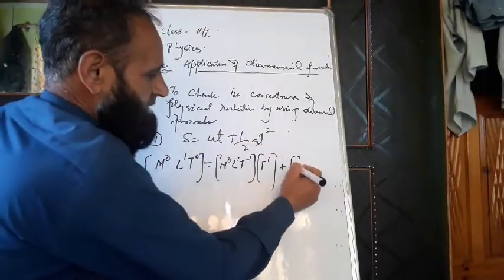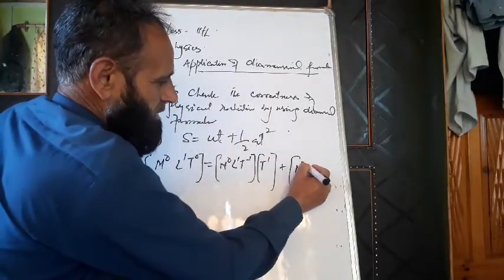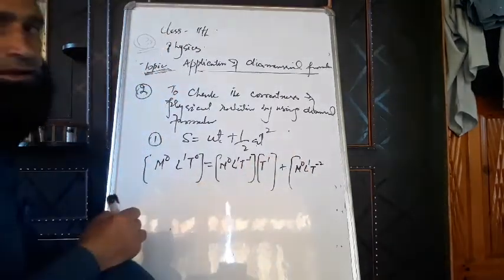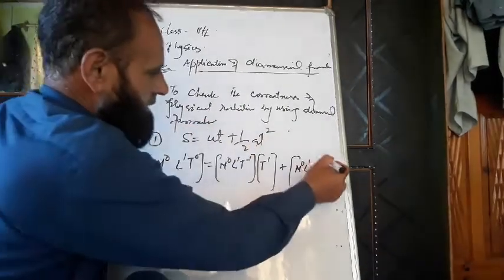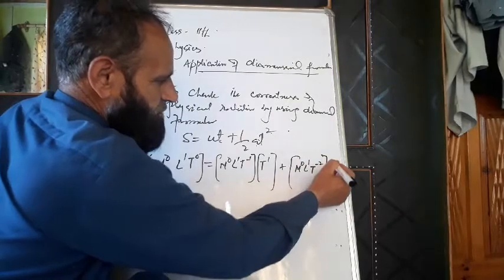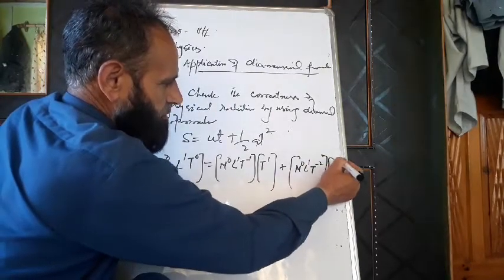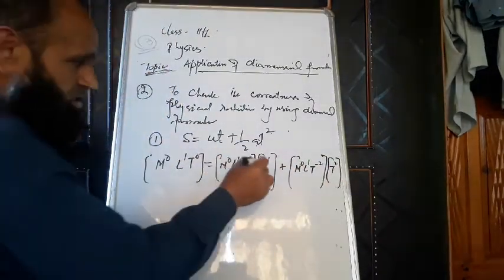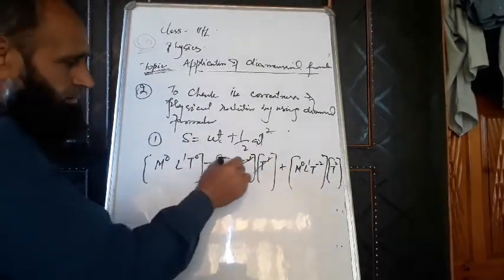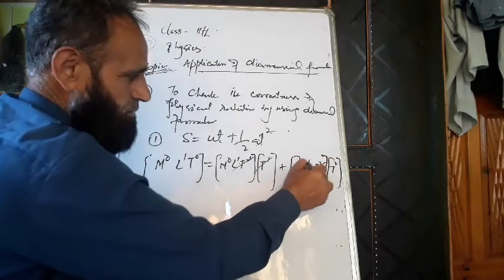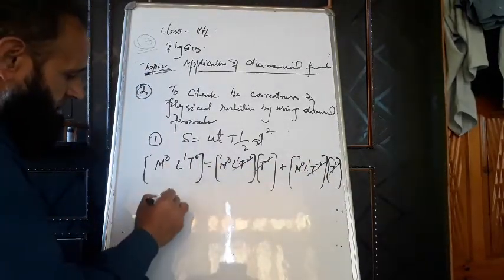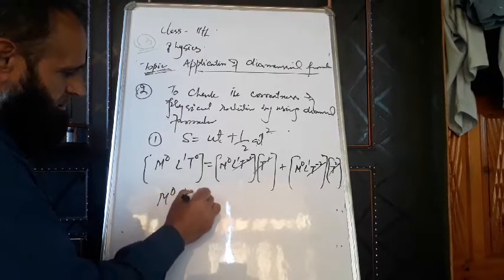For acceleration it is M0, L1, and T is -2, because per second square. For this time, here T square, we can take T2. This T is 1 and this T is -1, they may cancel. This T is -2, this T is +2. These may cancel. So here again, M0, L1, T0.